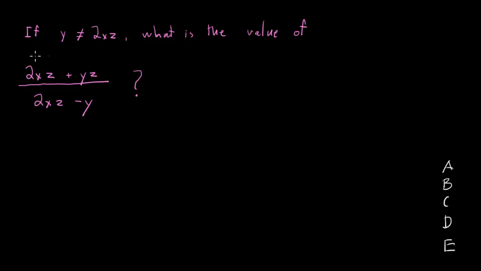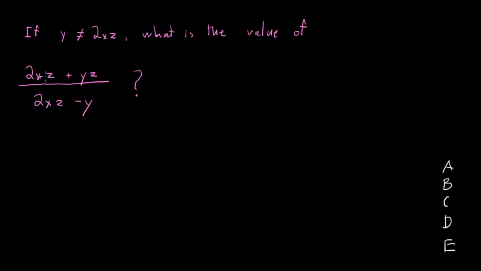Well, if you recall your fraction rules, you can cancel stuff from the numerator that shows up in the denominator, but only if you're dealing with multiplication in both the numerator and denominator. If this was 2xz times yz and 2xz times y, then by all means, get rid of these and life is easier.